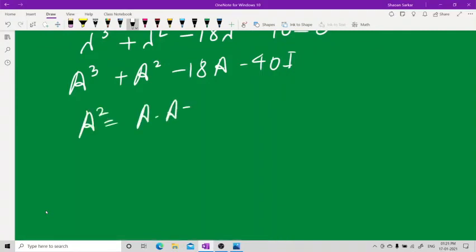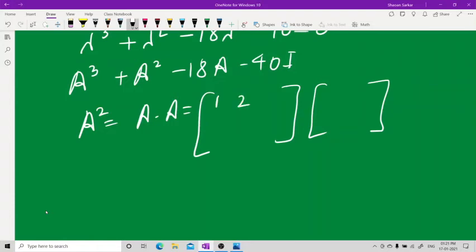A into A. Just write this matrix 2 times: 1, 2, 3, 2, minus 1, 4, and then 3, 1, minus 1, and again 1, 2, 3, 2, minus 1, 4, 3, 1, minus 1.